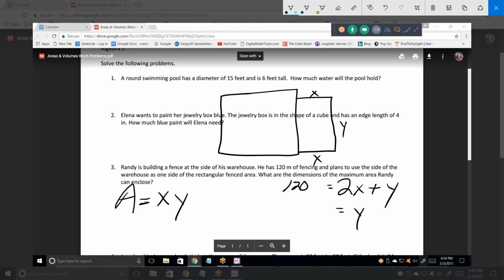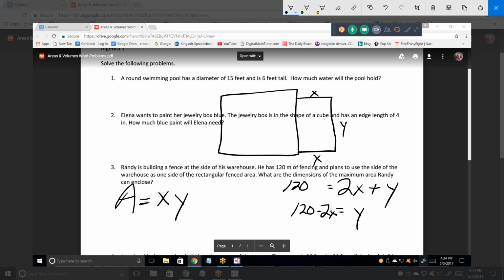You will get y equals 120 minus 2x. Remember, I have to get that 2x to the other side, which means I have to change the sign.